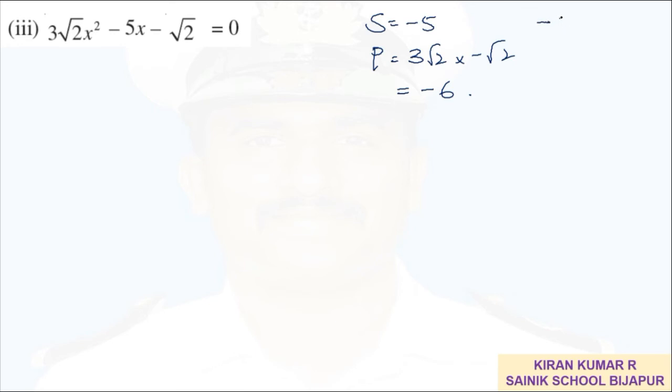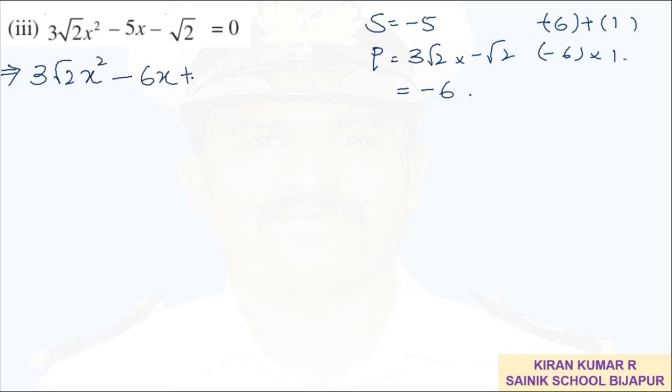Again, I can make use of this: minus 6 added to 1, minus 6 multiplied by 1. Yes, so the given quadratic equation, the middle term can be split as minus 6x plus x minus root 2 equal to 0. Let's group them. In the first group, we have 3 root 2 common.